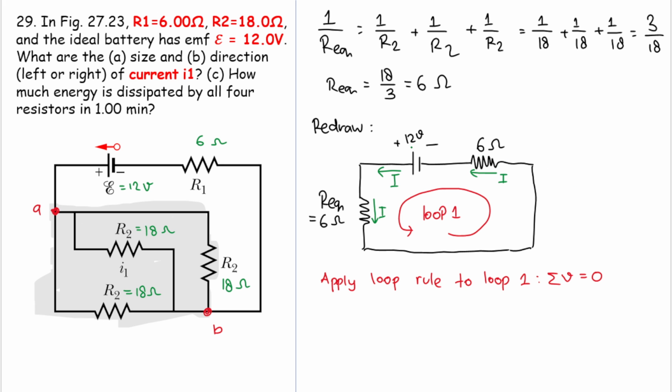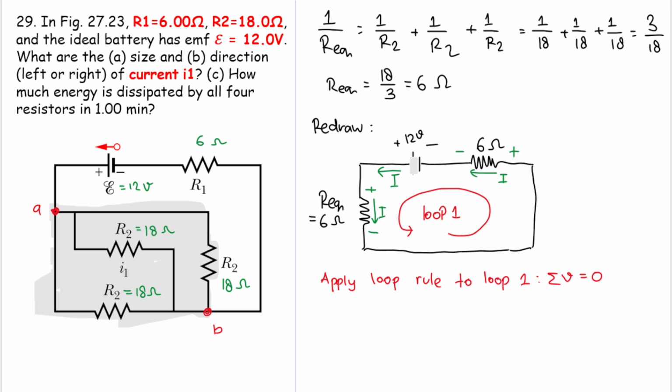For the battery, the long one here is the positive one, and the short one is the negative one. But for the resistor, where the current comes from is the positive one, and where the current goes to is the negative one. And again here, where the current comes from is the positive one, and where the current goes to is the negative one. Okay, let's apply the loop rule here, and let's start from this 12 volt battery.